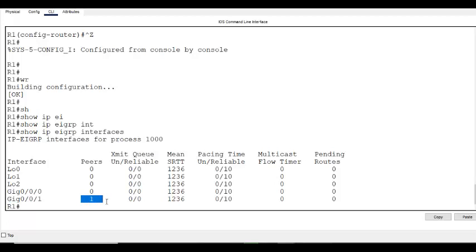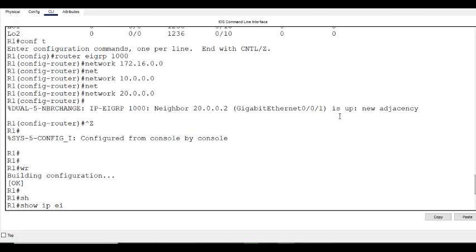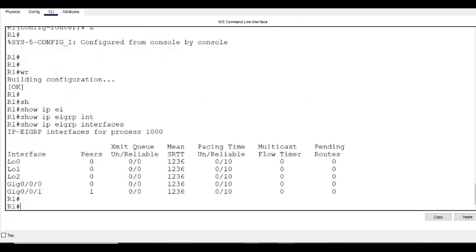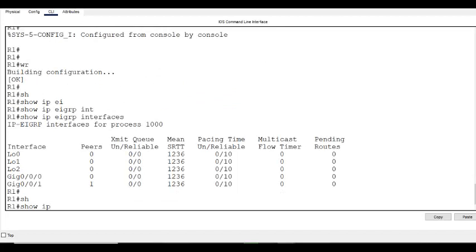K1 and K3 have got what? 1. The other K values are 0, which means they are not considered.